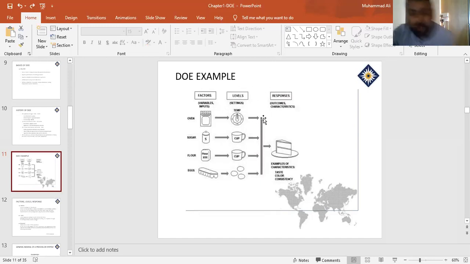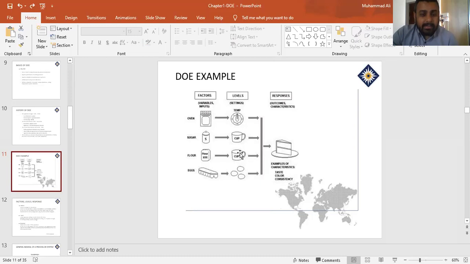What we are interested in our experiments is the response. Definitely we want a tasty, very nice, colorful, beautiful kind of cake. In order to achieve that success, what kind of factors are involved, and how much should we do? Now these levels are selected by trial and error, or based on your experience.